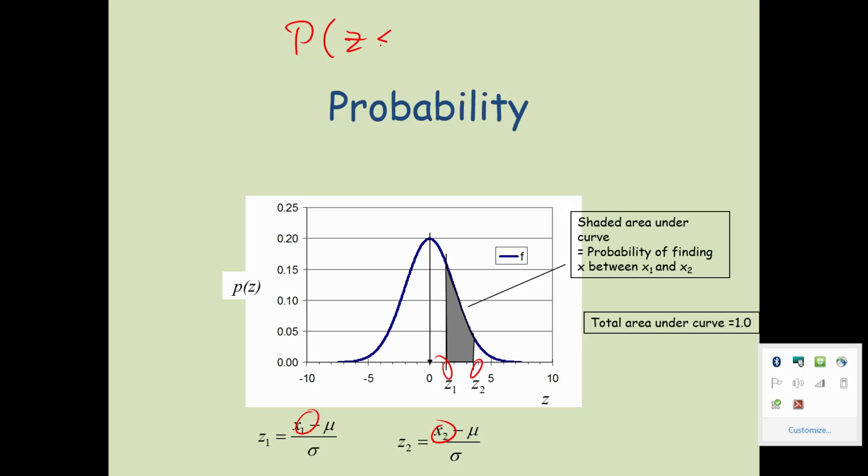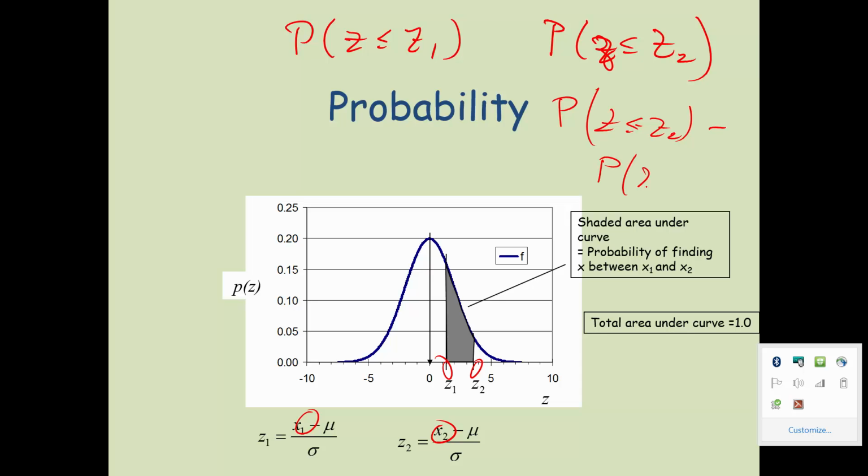the probability that z will be less than or equal to z1, and the probability that z will be less than or equal to z2. The area of that shaded region would just be the probability of z less than or equal to z2 minus the probability that z is less than or equal to z1.